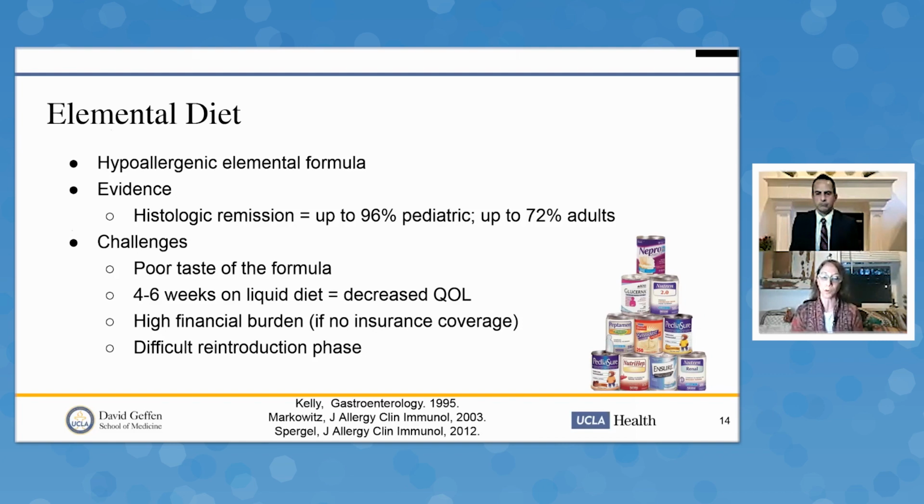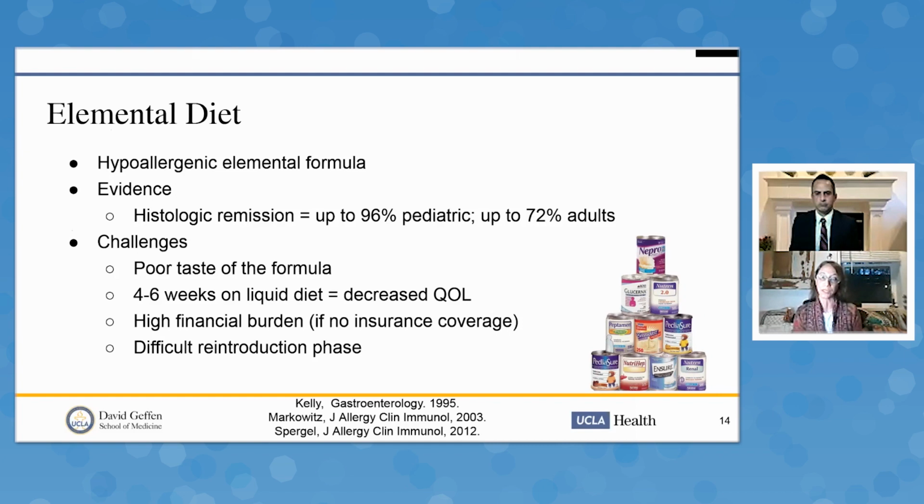But for the most part, they were put on these elemental formulas for about a 6-week period, and then they were brought back in for an endoscopy with biopsies. And what we found was that it had really good results. So in pediatric populations, we were seeing up to 96% remission histologically speaking. So this is really good.